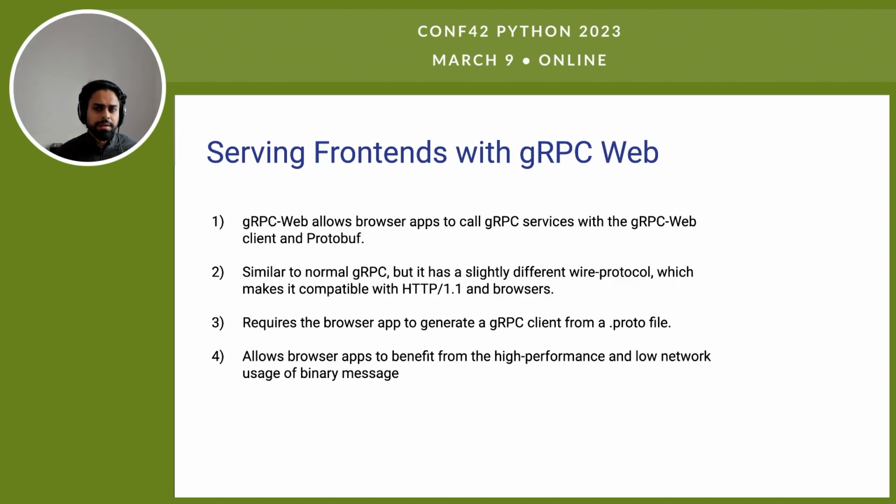Once this is done, you need some sort of translation layer, and that's present at the server. This is usually provided by some sort of proxy, such as Envoy, or there are other things you could use as well. The advantage of this is it allows browser apps to benefit from the high performance and low network usage of binary messages that gRPC uses.